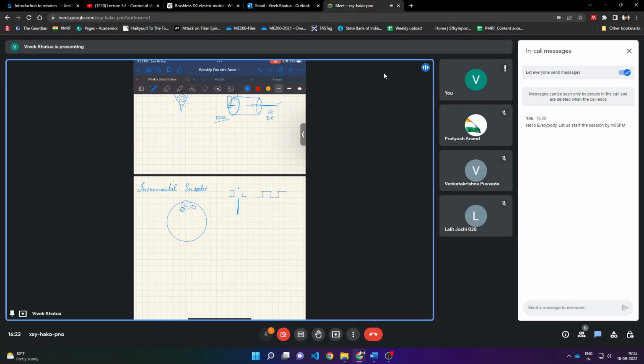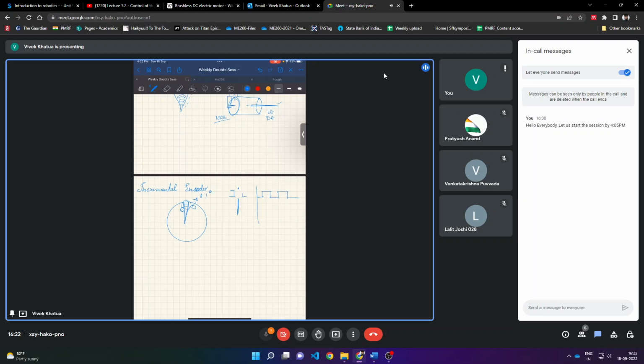So with such pulses, I can calculate the number of pulses that I get in a certain time interval, because I have manufactured each pulse to be, let's take, 0.1 degrees.